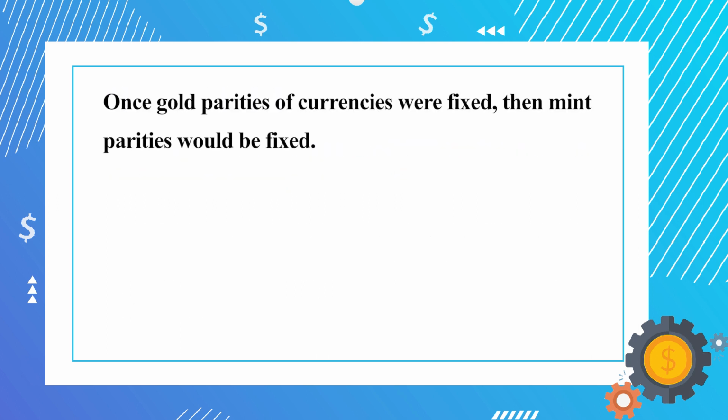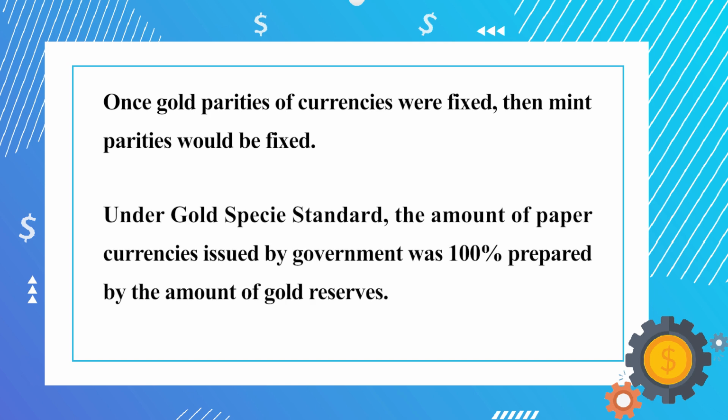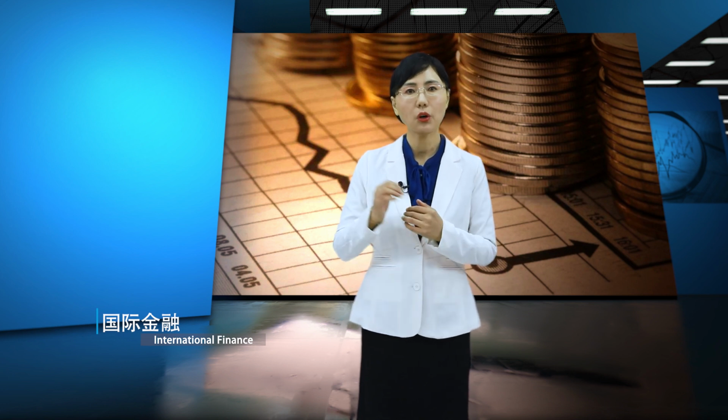Once gold parities of currencies were fixed, then mint parity would be fixed. Under the gold specie standard, the amount of paper currencies issued by government was 100% backed by the amount of gold reserves, while under the paper currency standard system, the amount of paper currencies issued by government is not backed by gold anymore.